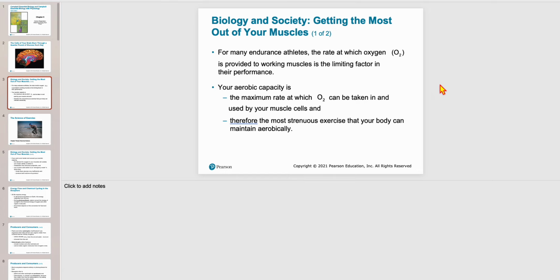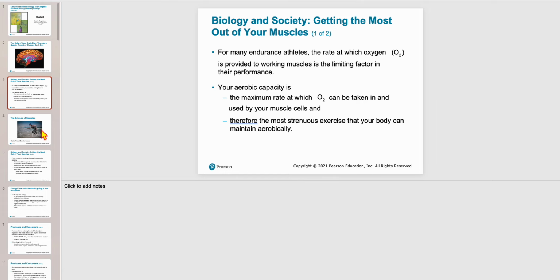When we exercise, we use a lot of oxygen. When we are a couch potato and not doing much, we're using less oxygen, but of course, we're also burning less energy. When we are burning more energy, we're utilizing more oxygen, producing more carbon dioxide, more water, more heat, all during this process.